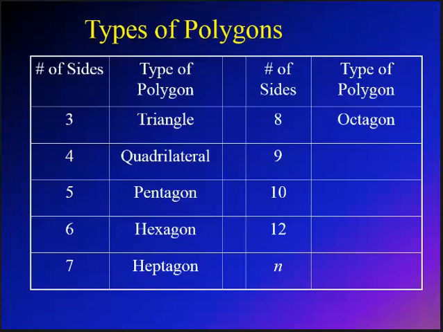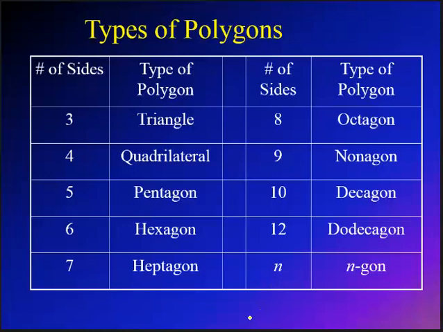9-sided object is called a nonagon. 10 is a decagon. 12 is a dodecagon. And then from that point on, we do have names for the other numbers of sides, but just for simplicity's sake, we can just use the number of sides as part of the name.